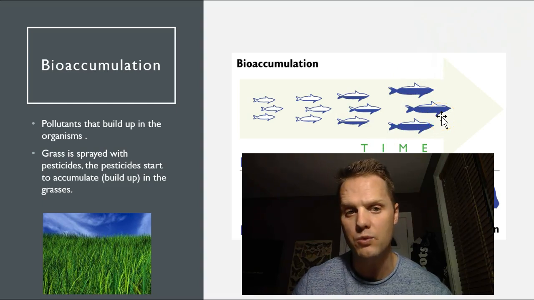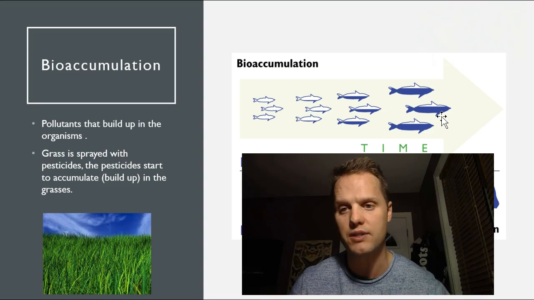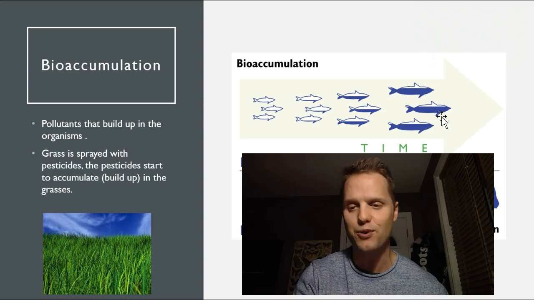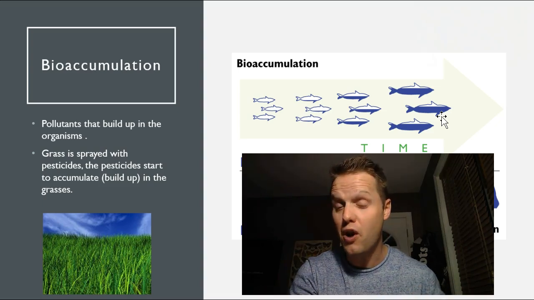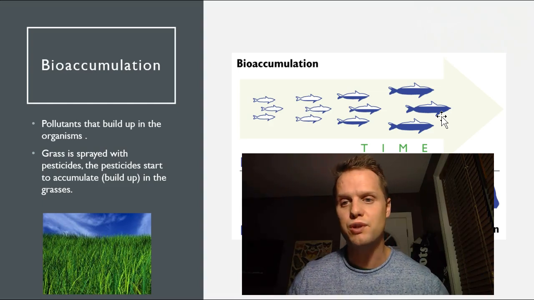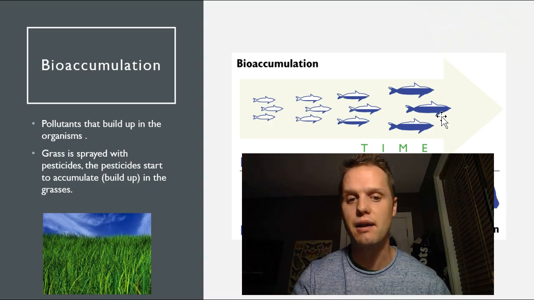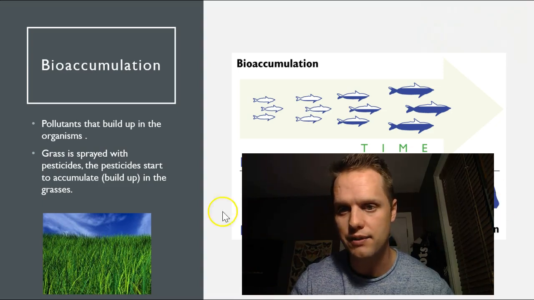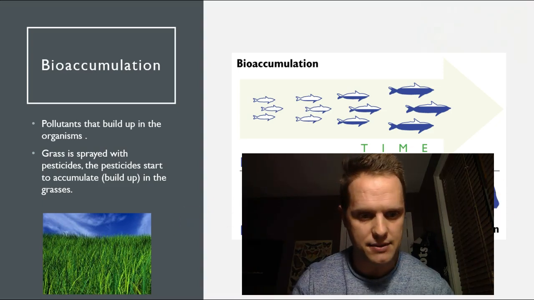An older person will bioaccumulate more toxins in their fat than a younger person will. If I measured the toxin level in a young person compared to an old person, the old person would have bioaccumulated higher levels of toxins. This is different than something known as biomagnification, which we're going to talk about next.